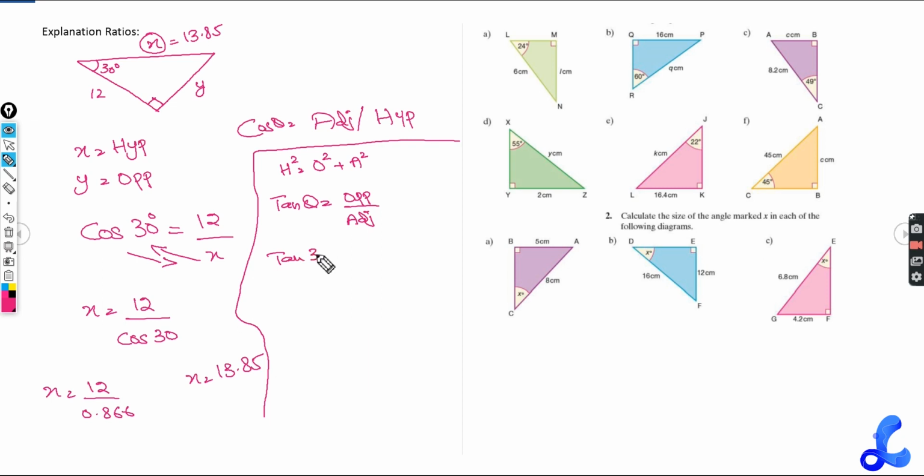Tan 30 equals opposite, which we know is y over here, and adjacent we know is 12 already. All we're going to do is put 12 upstairs. So 12 times tan 30 equals y.